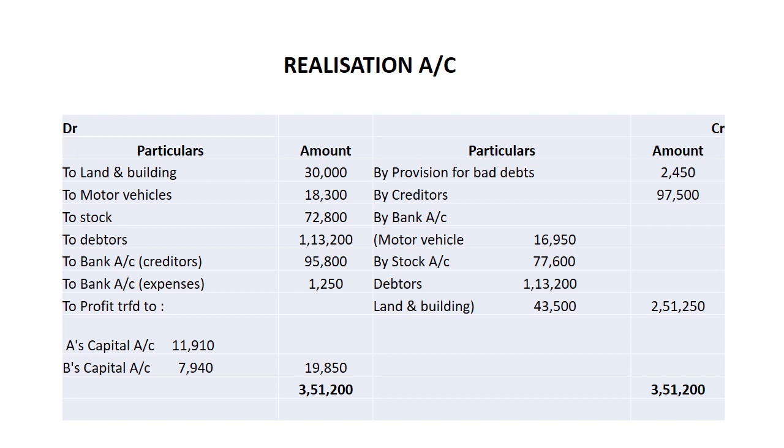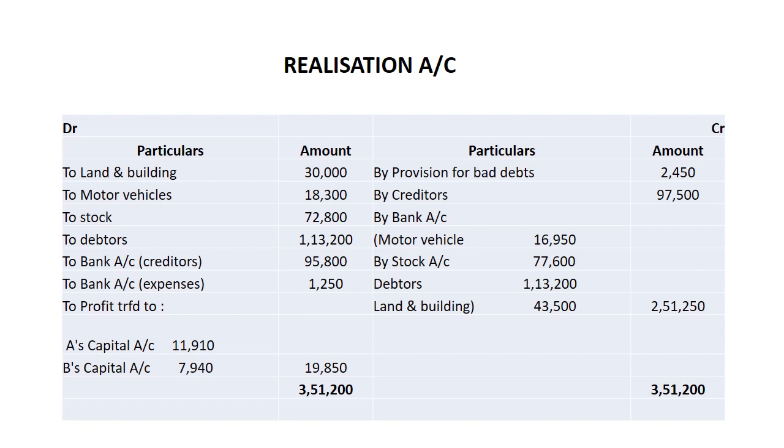Overall the amount received by the realization of assets is 2,51,250. And listen, credit side addition is more. When credit side addition is more, the partners will be in profit, and the profit is transferred to their capital accounts, credit side.